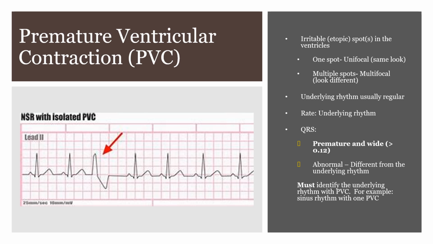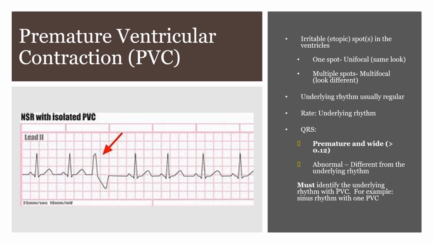But that one complex there, if we measured out the R to R, that complex comes early, so it is premature, but a ventricular complex is going to concentrate only on the QRS because that is where the ventricles are acting.